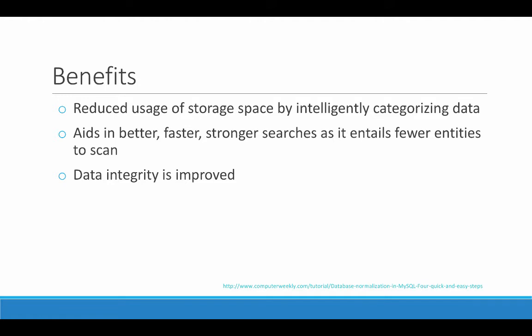The data is stored a minimum amount of times instead of repeating it over and over again. Therefore, this also aids in better, faster, and stronger searches, since searches are based off of databases, as it entails fewer entities to scan. Are you sensing a trend? We're trying to keep the amount of data down, but we are going to be tying them together.